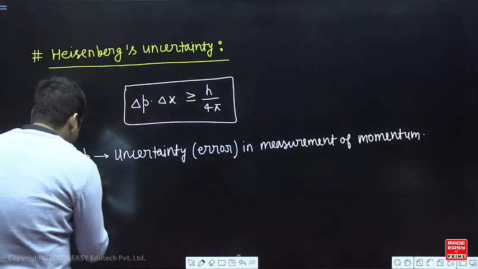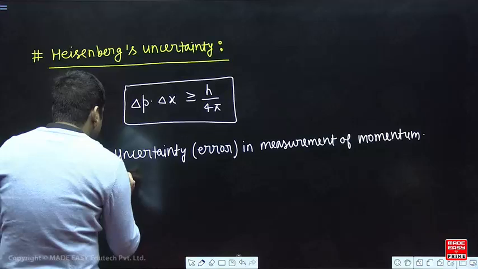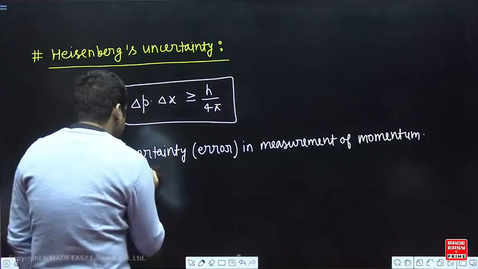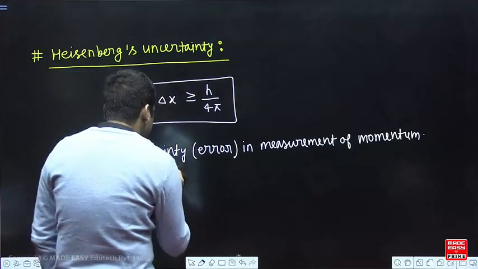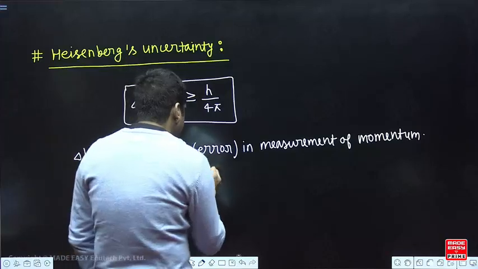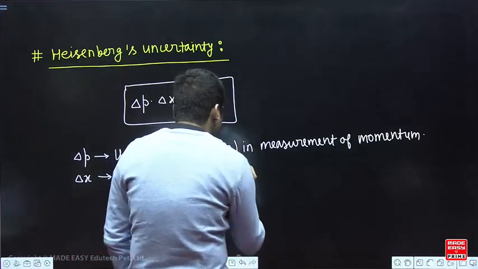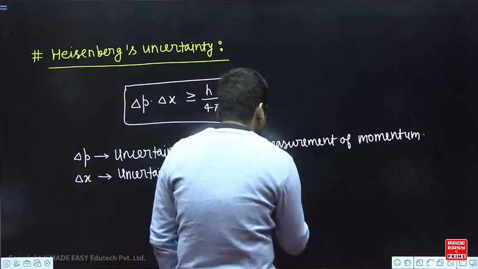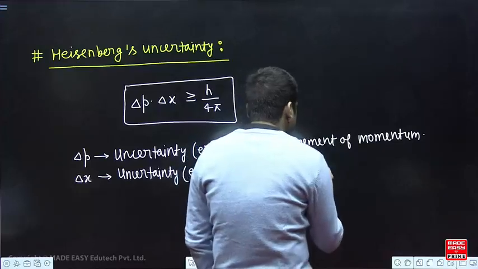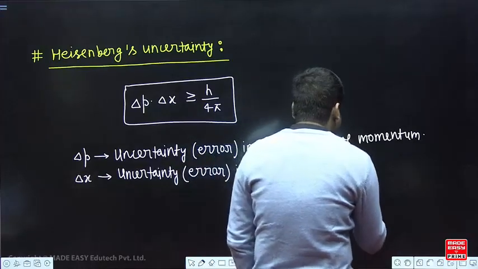Delta x is the uncertainty or error in measurement of position.